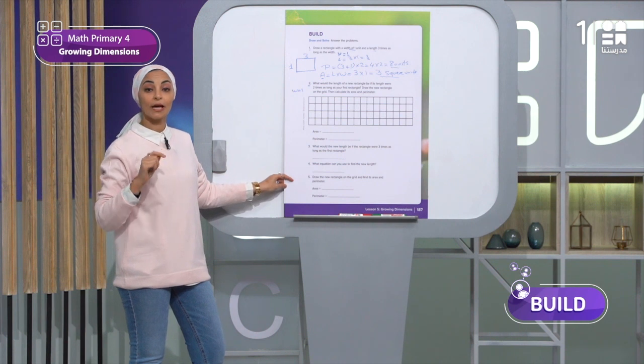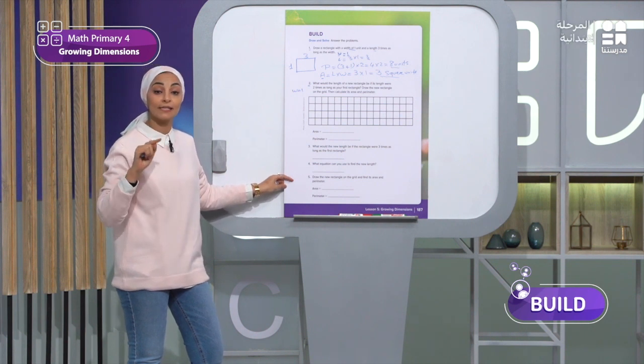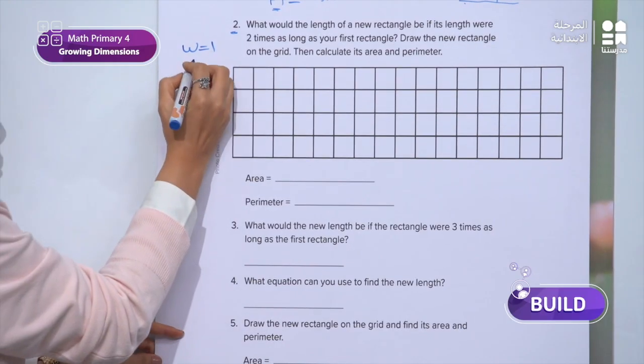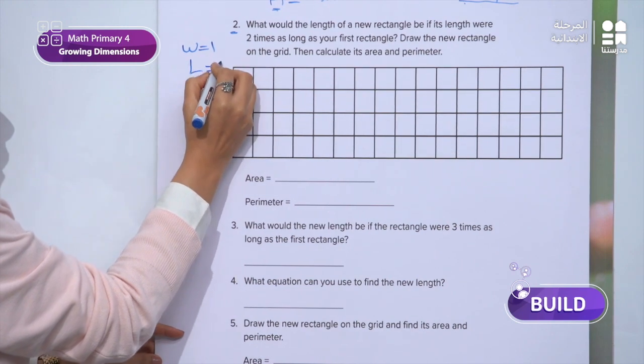This means that the length of the new rectangle is 6 units. Why 6 units? Because 2 times 3 equals 6. يبقى length 6 والويدث 1.